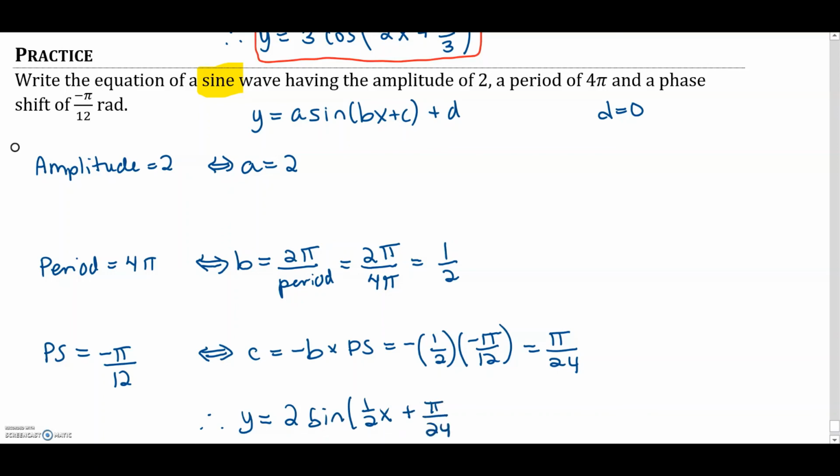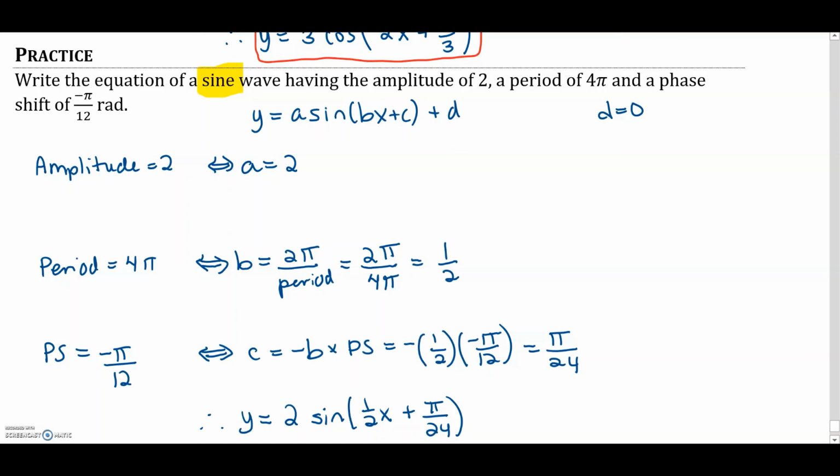It's worth noting that there are various sine functions that would share these same attributes: an amplitude of 2, period of 4 pi, and phase shift of negative pi over 12. If your a value is negative 2 instead of positive 2, it would also satisfy the criteria, and that would be a correct answer.